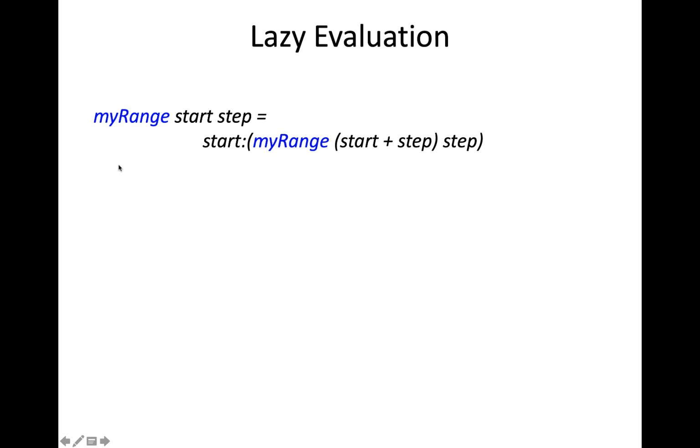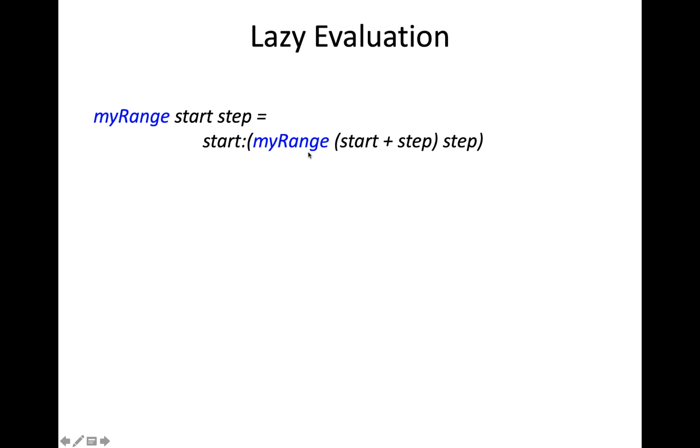My range is a function which takes two parameters, start and step, and after seeing the right hand side, the body of this function, we see that this is recursive, and also we see the function returns one list which starts with start, and then that is concatenated with this recursive part, which is another list.